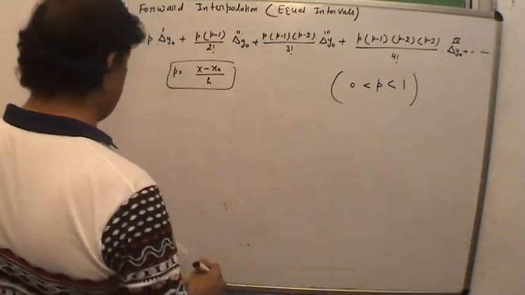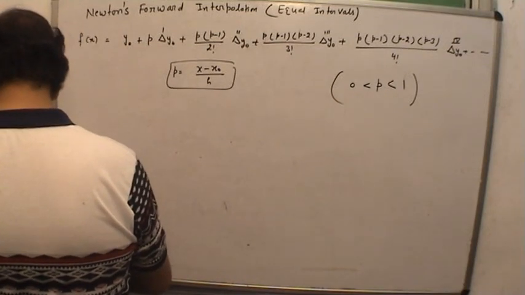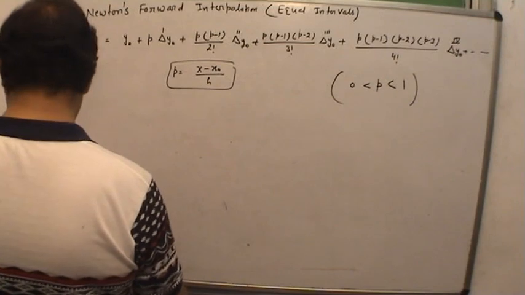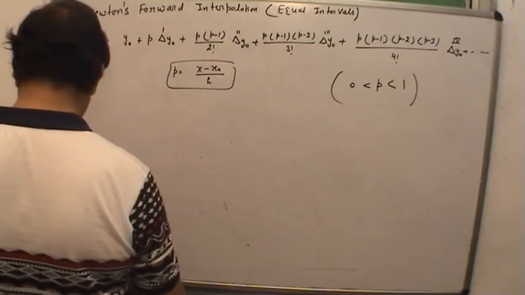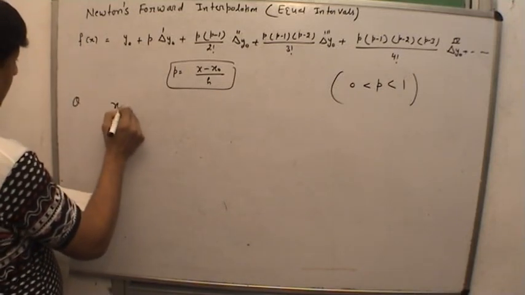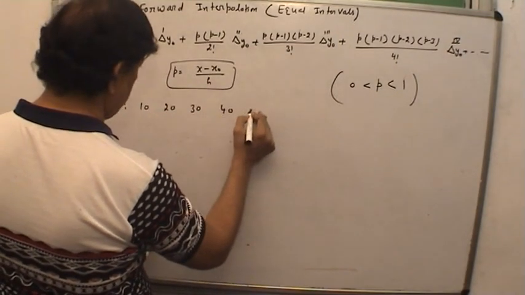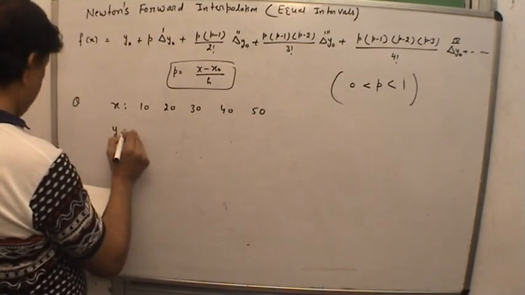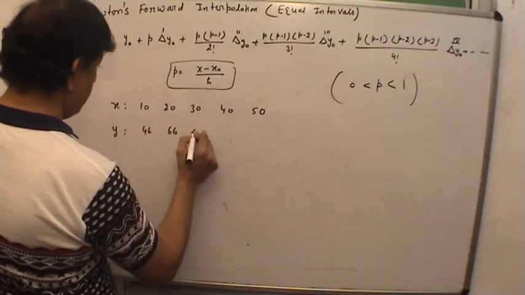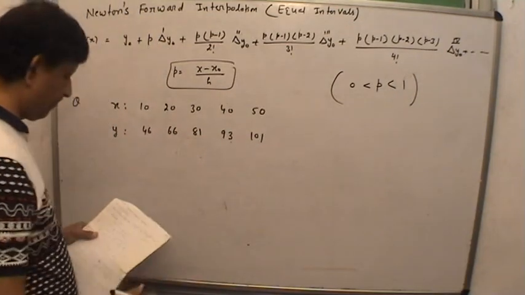Let us consider a simple example. For the given data, x is 10, 20, 30, 40, 50 and y is 46, 66, 81, 93, 101.